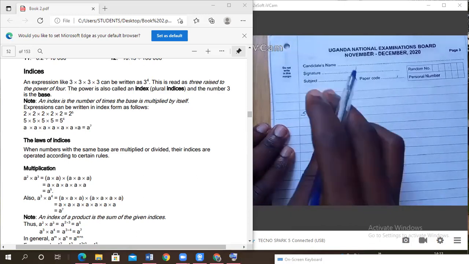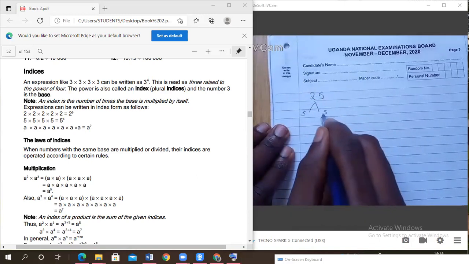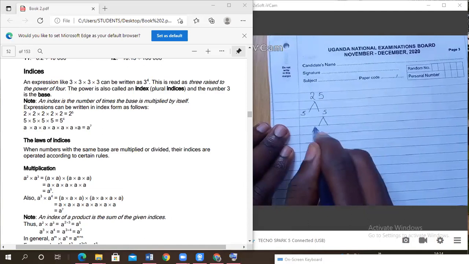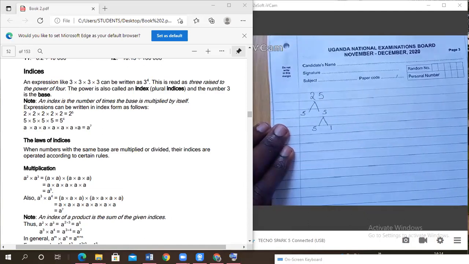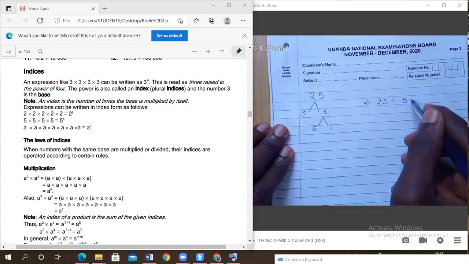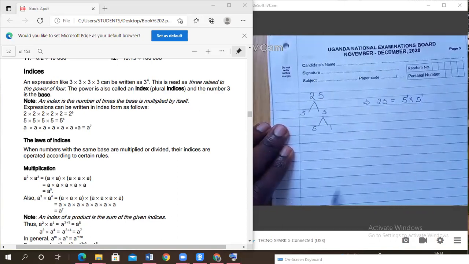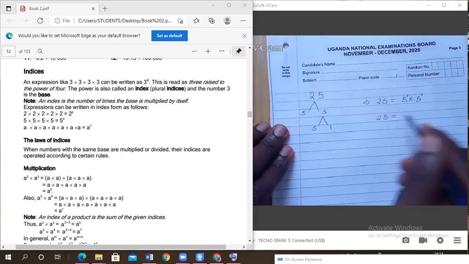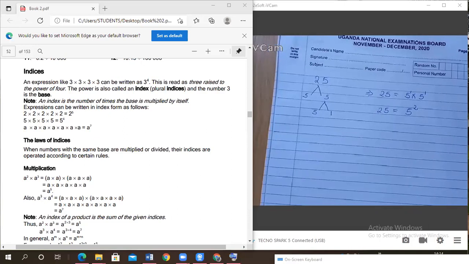So 25 divided by 5 will give us 5. Then 5 divided by 5 will give us 1. So it implies that 25 is equal to 5 times 5. This is to the power 1, this is also to the power 1. So this one will give us 5 to the power 2, which is 5 squared. Right together.